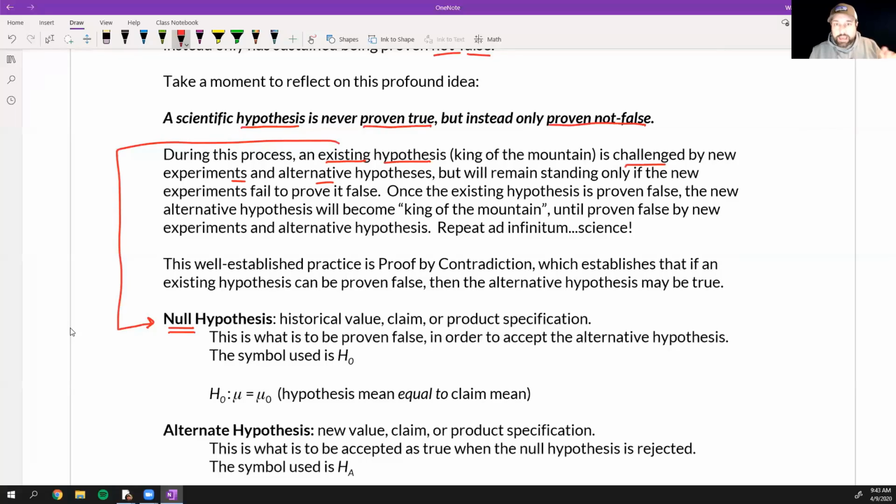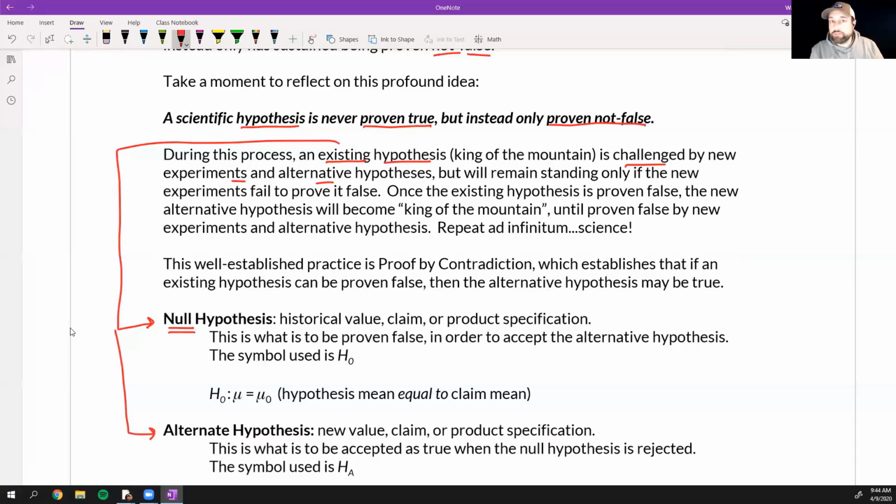And it will remain king of the mountain only if it's not proven false. Once this null hypothesis, the existing hypothesis, the king of the mountain, has been proven false, then it is dethroned from the mountain and the alternative hypothesis becomes the new king of the mountain. And so this is kind of how the scientific method works.